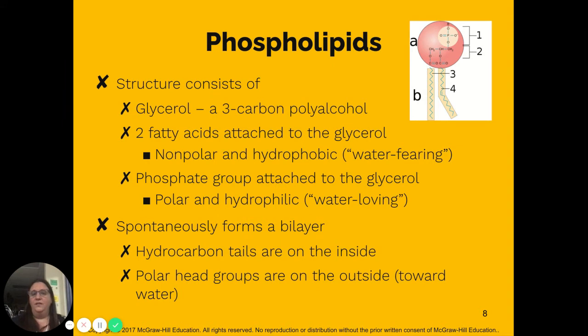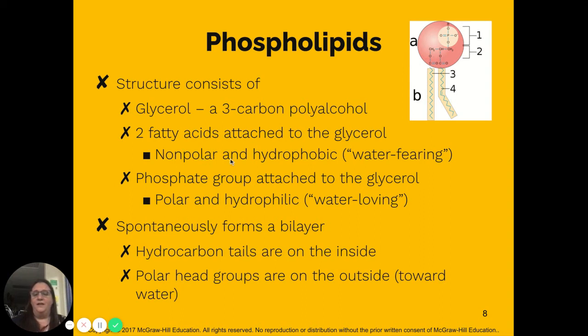Okay, a little bit more here on the phospholipids. As a reminder, a phospholipid consists of a glycerol and 2 fatty acids, which are those tails there. They always show one as unsaturated and the other as saturated, but they don't necessarily have to be that way.